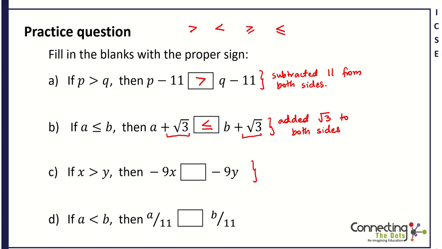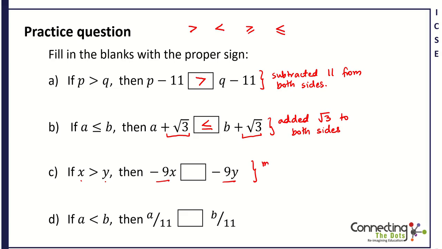Now let's look at this. x is greater than y. That is the given inequation. And we have minus 9x here and minus 9y here. Now I recommend every time you see a practice question that you pause the video and try to do these questions. You can always look at my solution if you get stuck, but do try these questions by yourself.